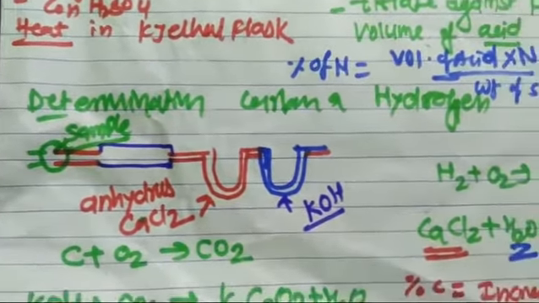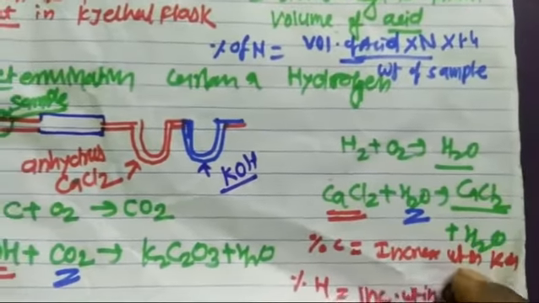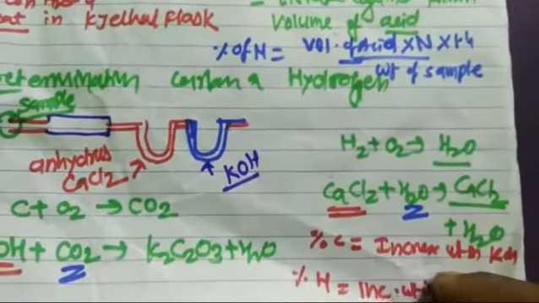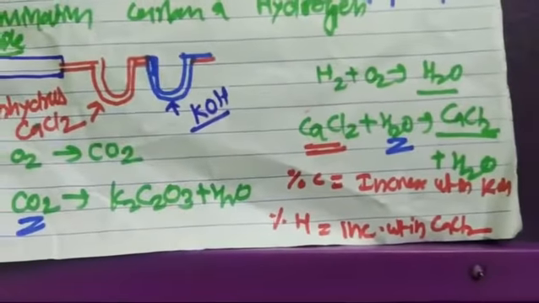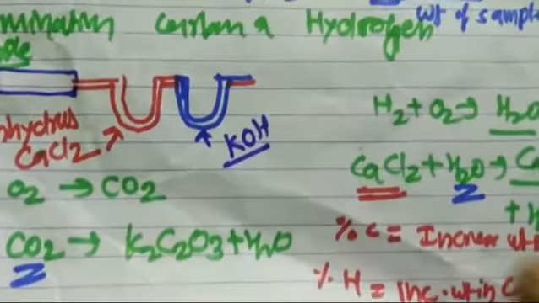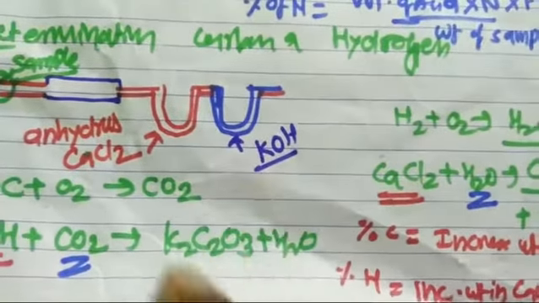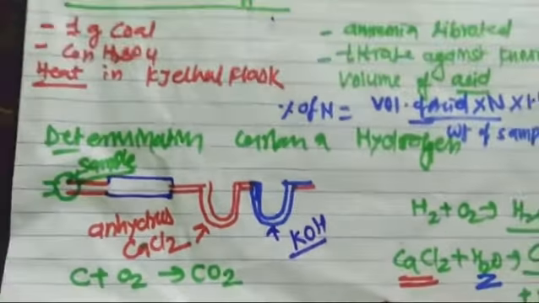The weight difference between the two gives the water. So the weight increases with KOH here, and with CaCl2 here. So we determine the carbon and hydrogen.